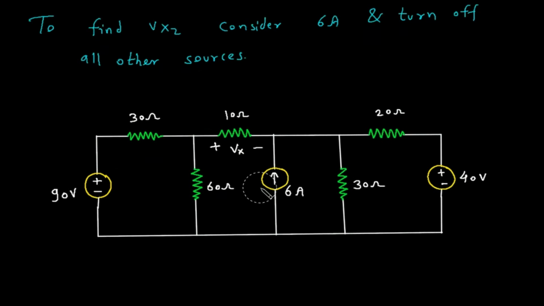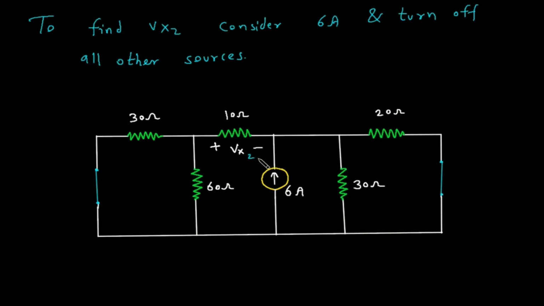So we will consider this 6 ampere and turn off this voltage source and this voltage source. Now when we turn off voltage source, so this will be short circuited. Now we have to find this Vx.